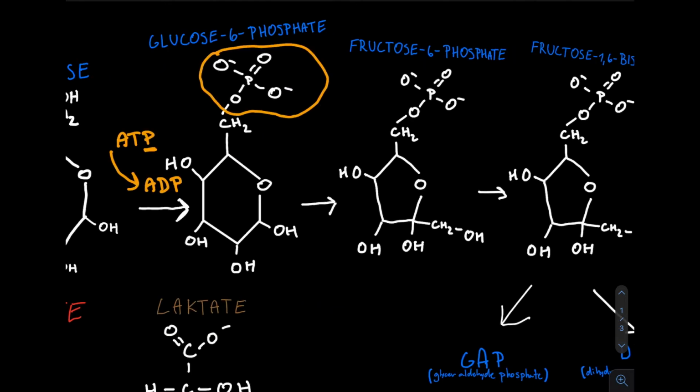The next reaction is catalyzed by an enzyme called isomerase, which comes here, and basically it creates fructose out of glucose. So they're both 6-carbon sugars, but the 3D layout of the molecule is quite different.